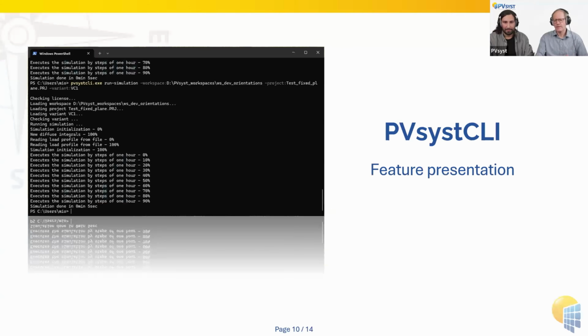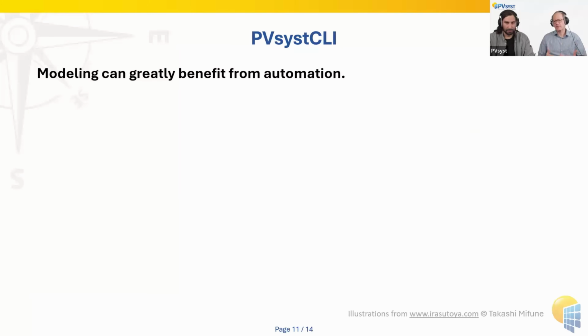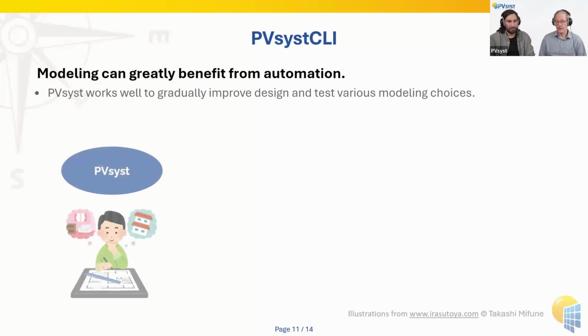So if you have PVsyst, the desktop version with the graphical user interface, you can do a lot of things already. You can gradually change your design, rerun simulations. You can even use the batch mode for a little bit more automation.